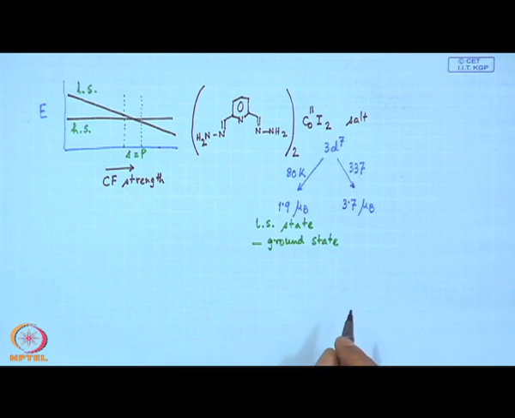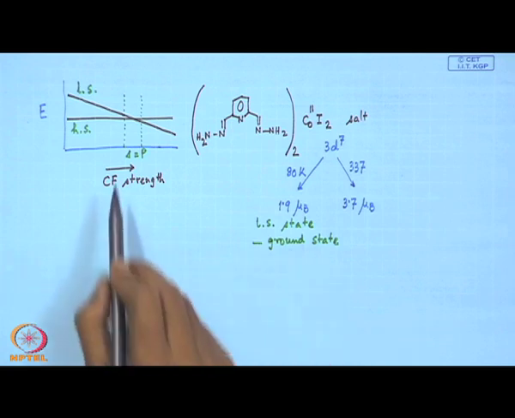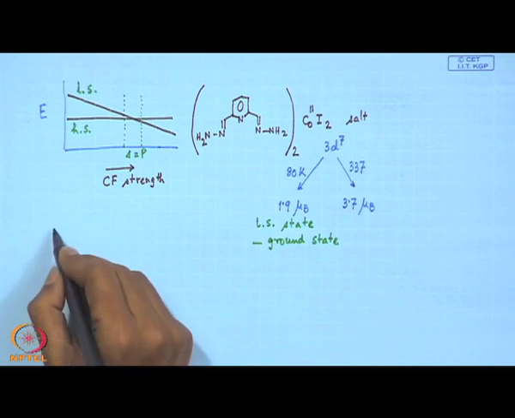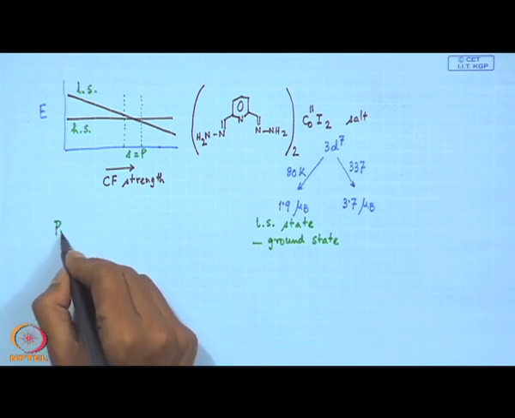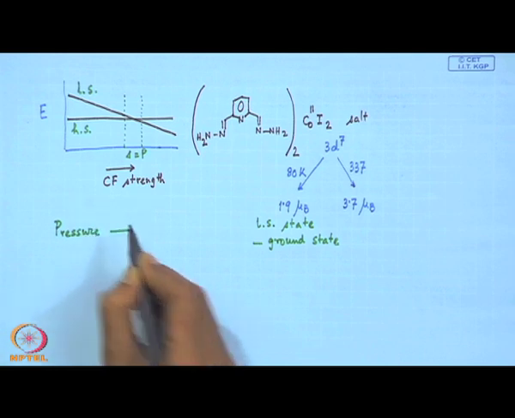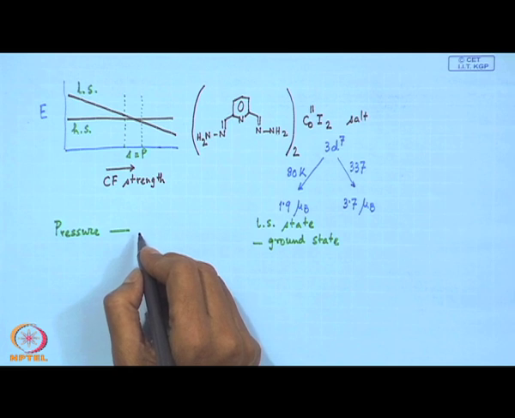In this particular case and in some other cases also, not only the temperature, that means if we change the temperature your situation can change from one side to the other, but also the pressure effect can be seen, how pressure can change the corresponding magnetic moment.